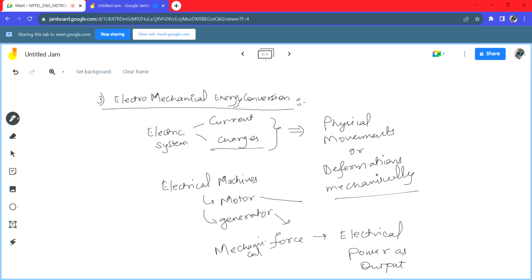And also in this example, if you give electrical power as input, it will give you mechanical rotation. Fine. So these kinds of systems are well seen and understood in our day-to-day life and society, wherein the electrical energy and mechanical energy are interchanged and converted.